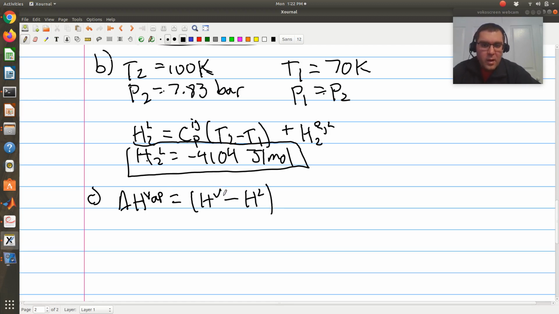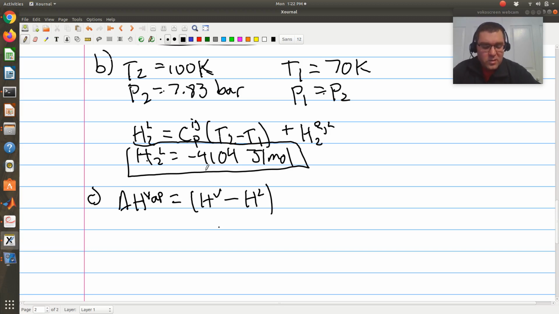Now, I have a difference in two enthalpies here. If I were to calculate the enthalpy of my vapor and liquid relative to a reference state and then take the difference, that reference state is just going to cancel out. The reference state is completely arbitrary as long as we're consistent, because ultimately we're taking differences in properties.